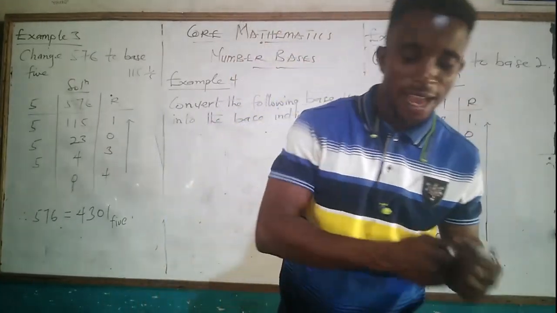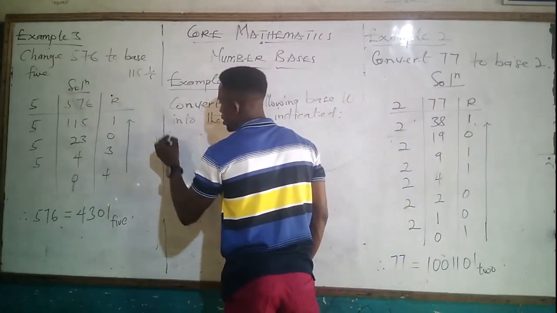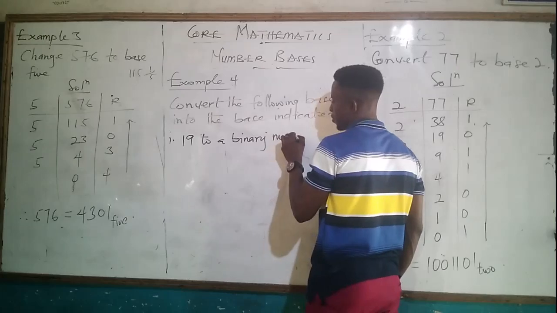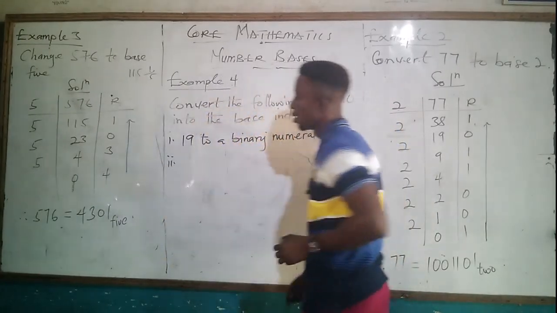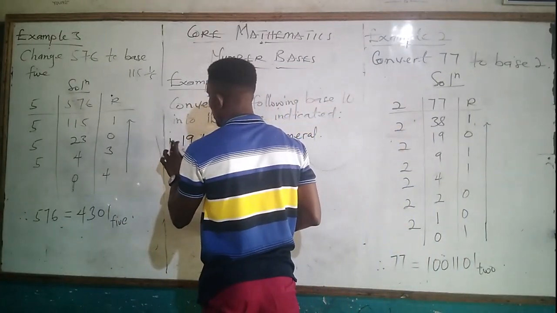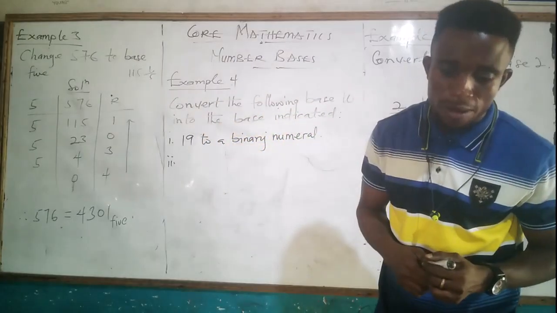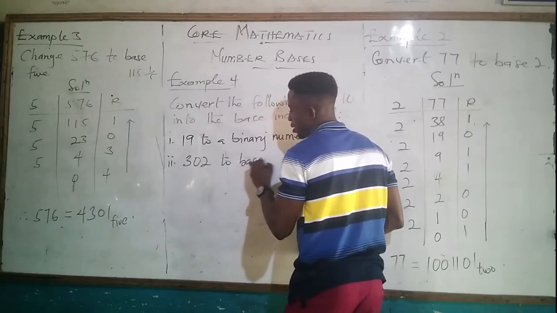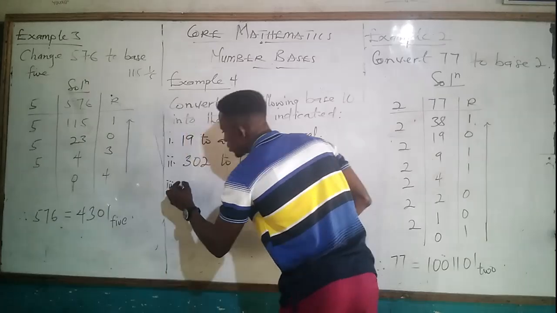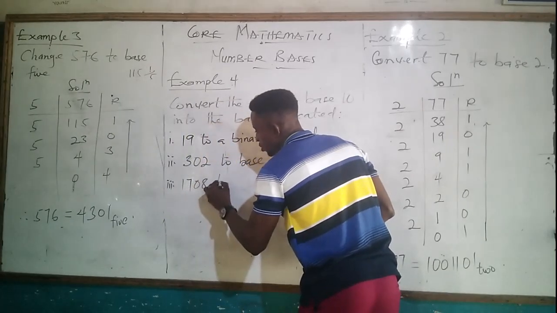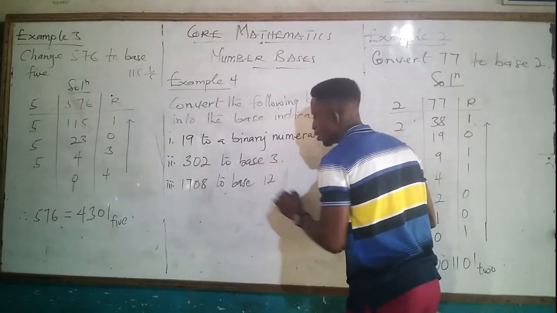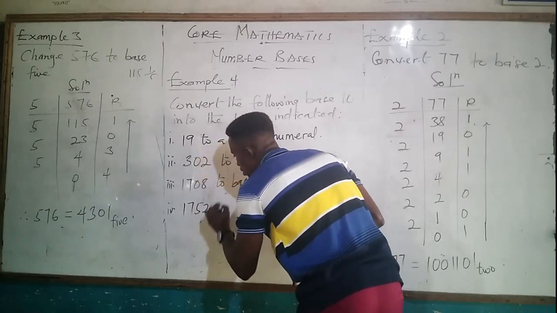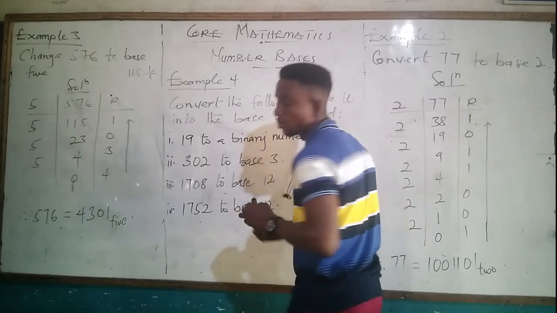I have here 19 to a binary numeral, 302 to base 3, 1708 to base 12, and 1752 to base 12.